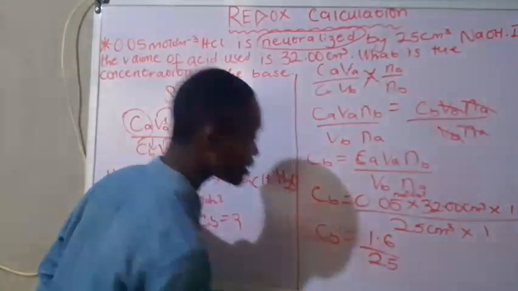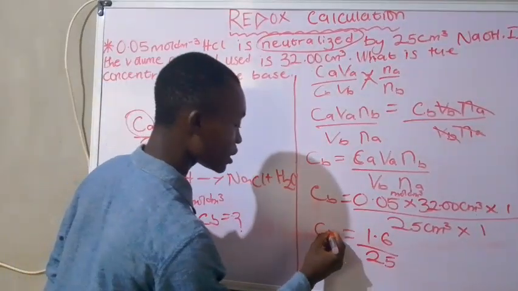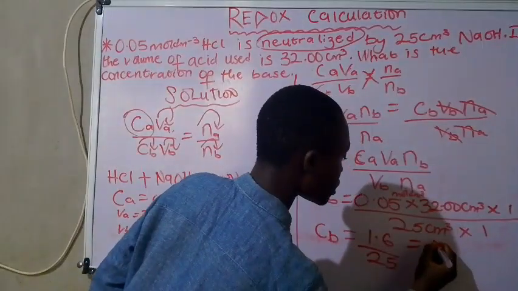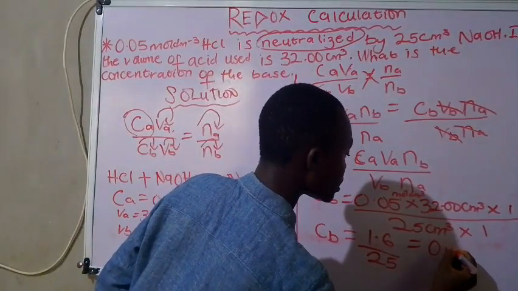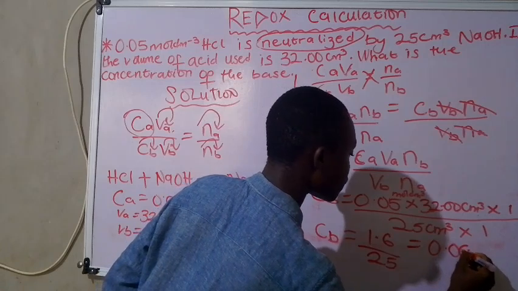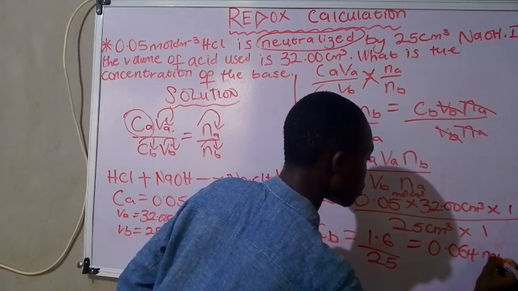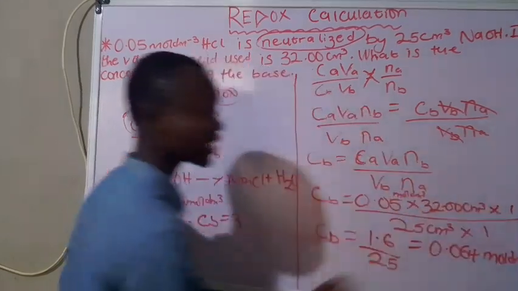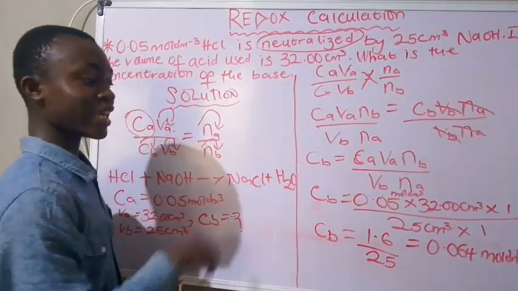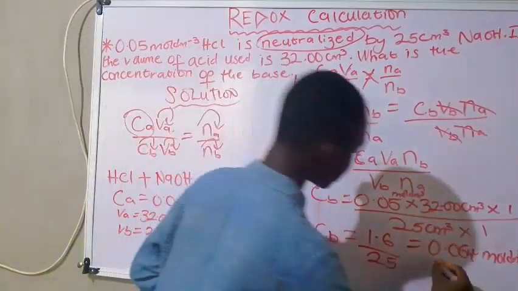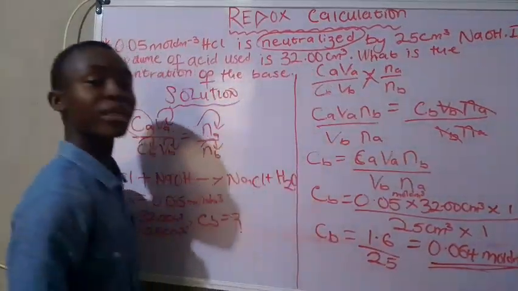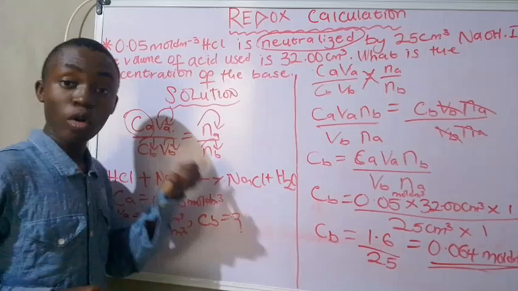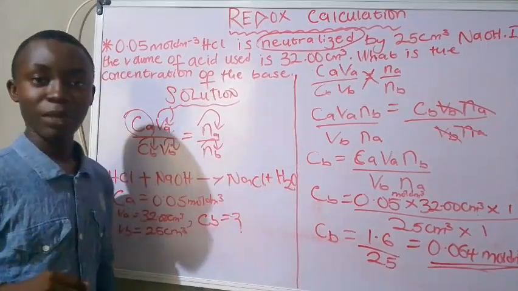Our concentration of the base will now be 0.064 moles per dm³. That should be noted. You can see it is actually very easy. Now I think you can solve more questions based on this particular topic.